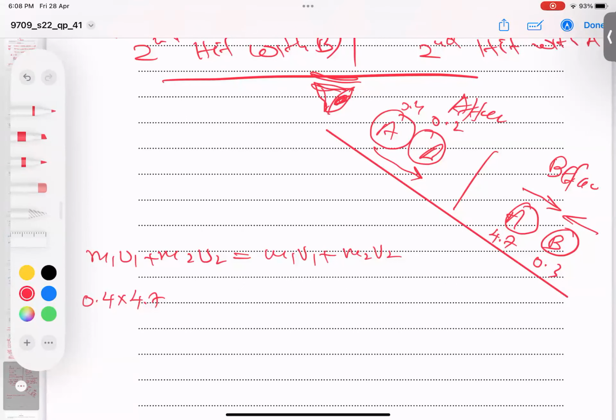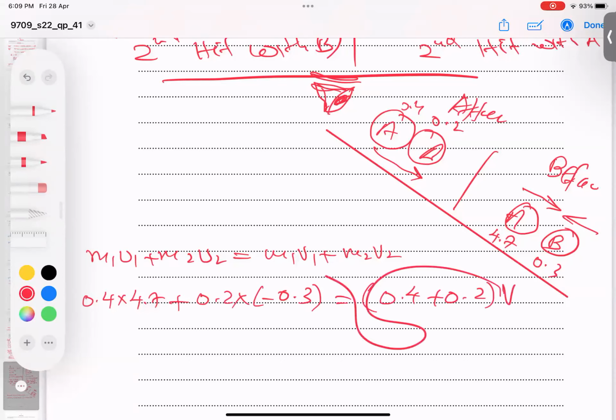I'm going to plug in the values. And plus M2, the mass of B, 0.2, times the speed 0.3, but negative 0.3. Why? You know it very well. And the speed is the same, so I will take it common: mass 1 plus mass 2, where mass 1 is 0.4 and mass 2 is 0.2, together, and divide by this whole.